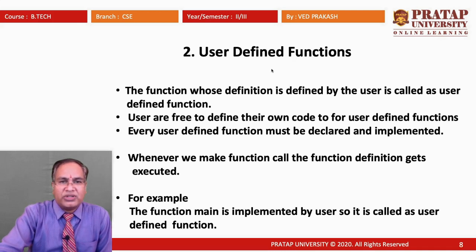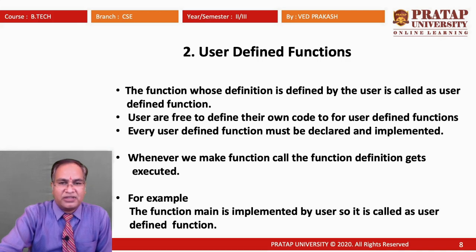Second one is user defined function. The function whose definition is defined by the user is known as a user defined function. In a user defined function, the user is free to define their own code, free to give the name of the function, and free to give the number of arguments in the function.